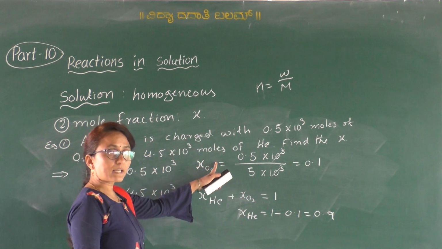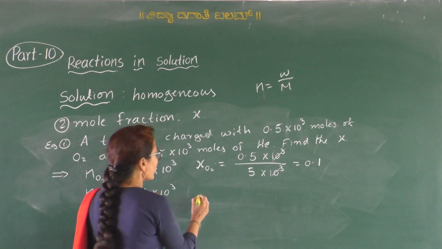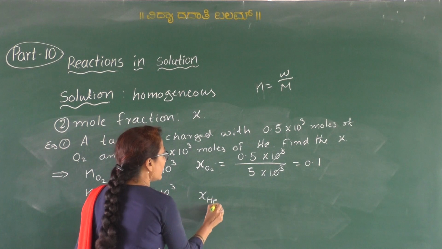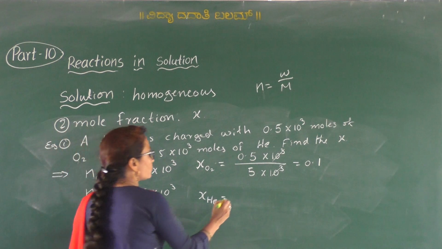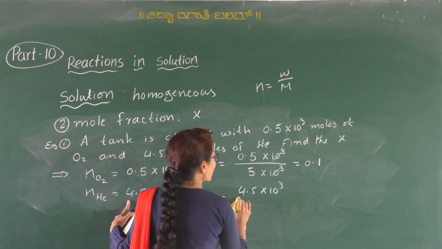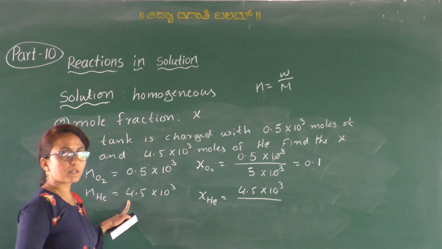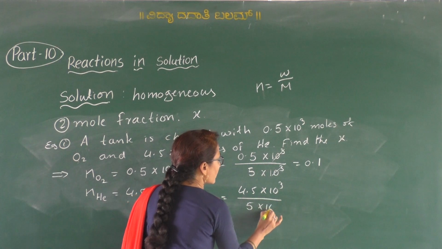Now by using the same formula, we can also calculate the mole fraction of helium. Mole fraction of helium is equal to the number of moles of helium, that is 4.5 into 10 to the power of 3, divided by the total number of moles, 5 into 10 to the power 3.